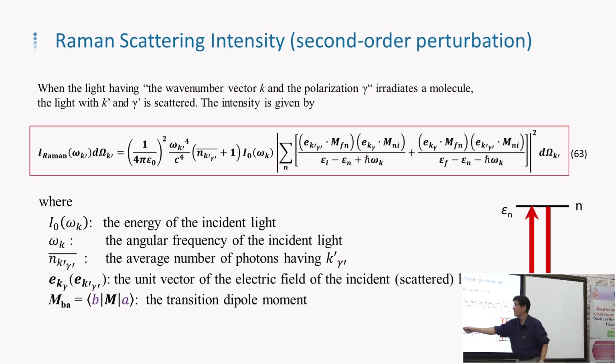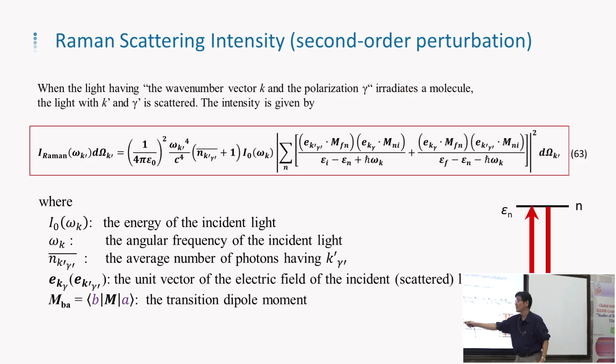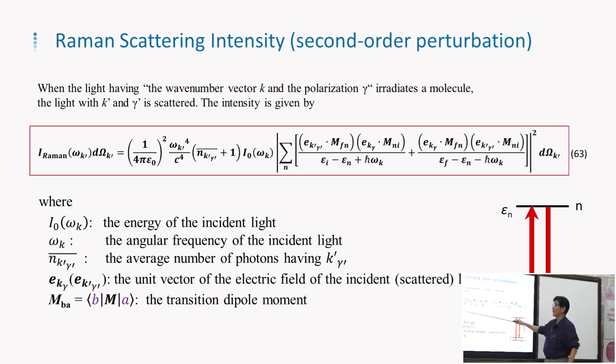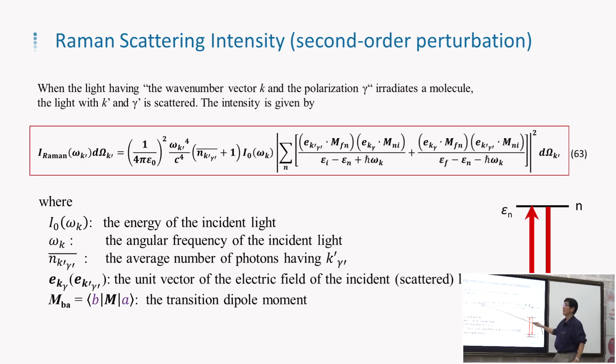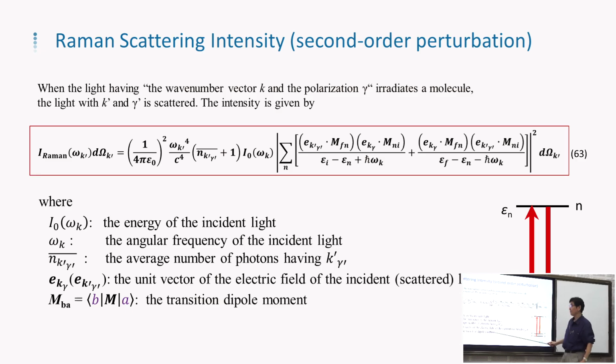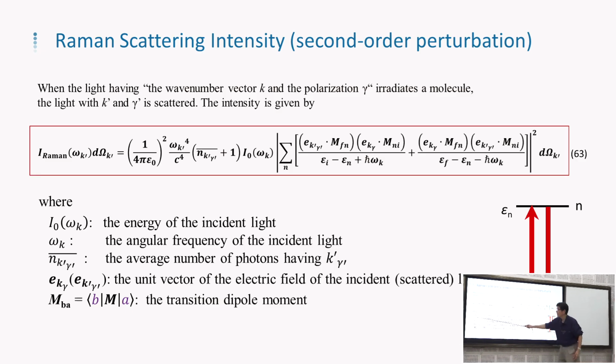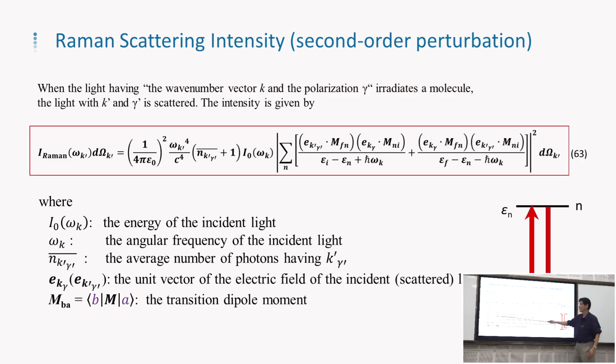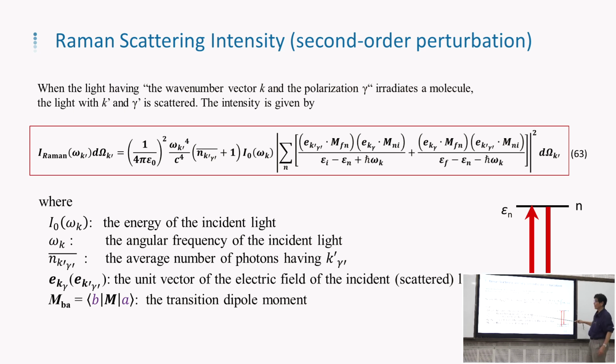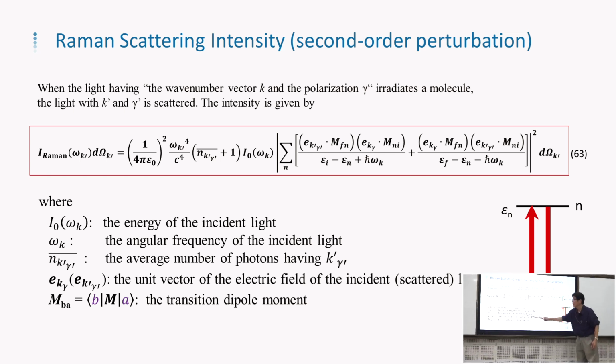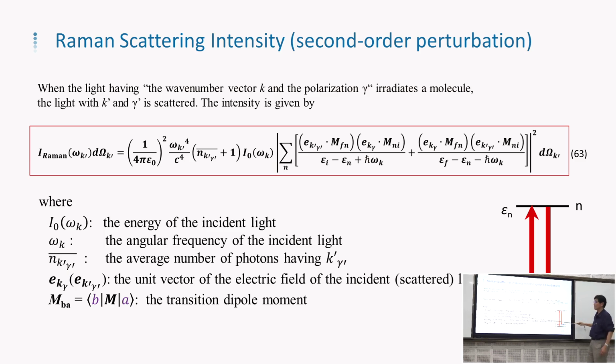And Raman intensity has a finite value when the energy of the incident light is not zero. And omega k indicates the angular frequency of the incident light. n k gamma that appears here indicates the average number of photons having k prime gamma prime.